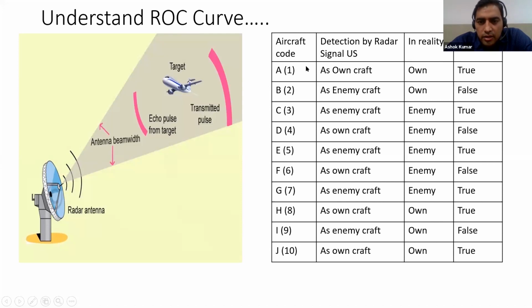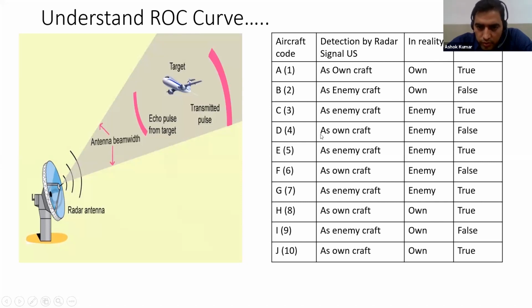So radar detected A1 as own craft. In reality it is own, so it's true. Radar detected B2 as an enemy craft, but in reality this is own craft, so it's a false decision. Code 3 was detected as an enemy craft by radar, and it is an enemy, so it is true.